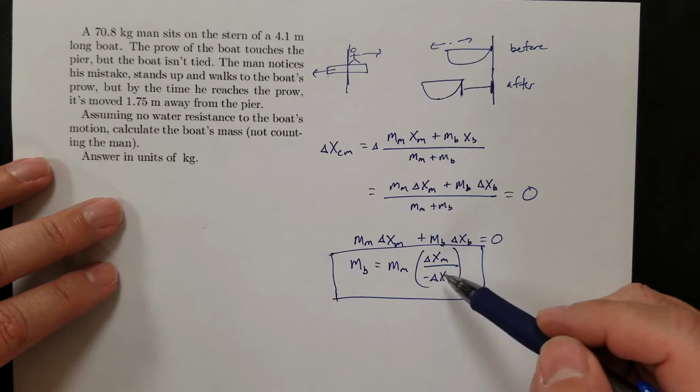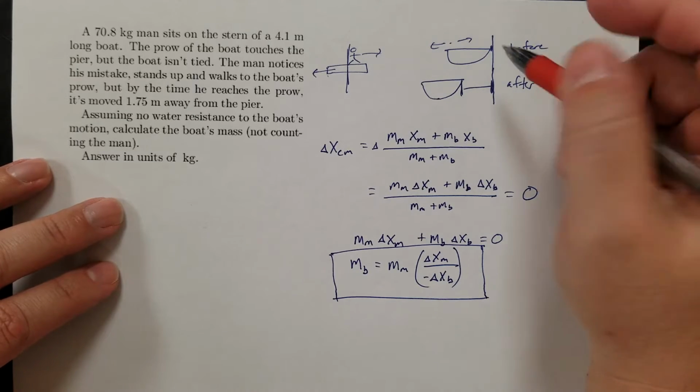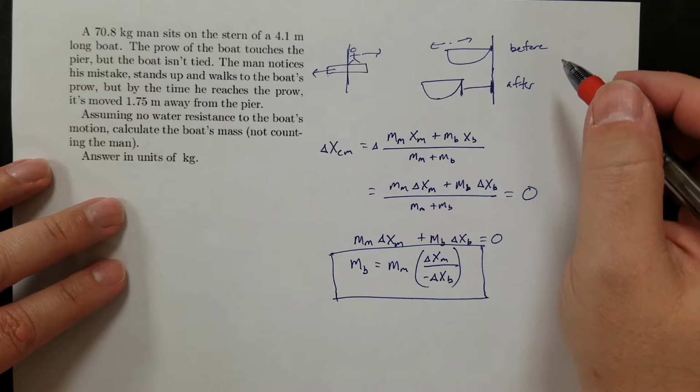Okay, so what are these numbers? The delta x of the man. That's how far the man went, right? So how far the man went is however long the boat is.